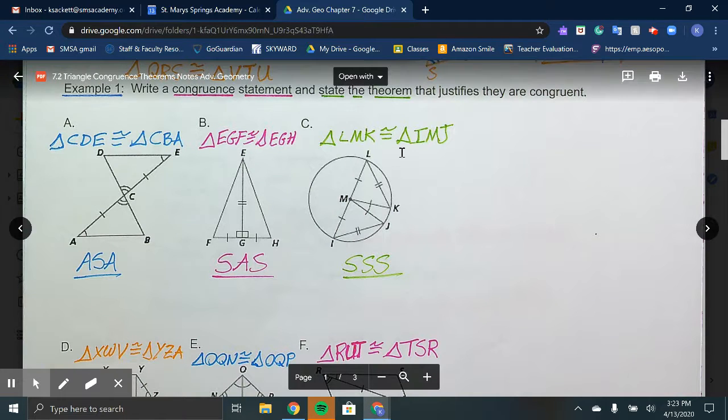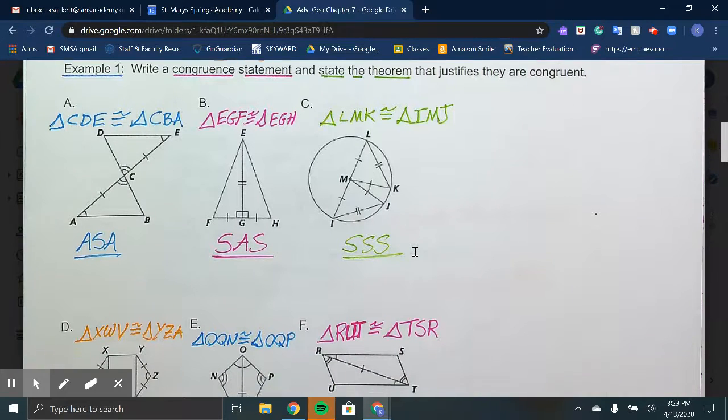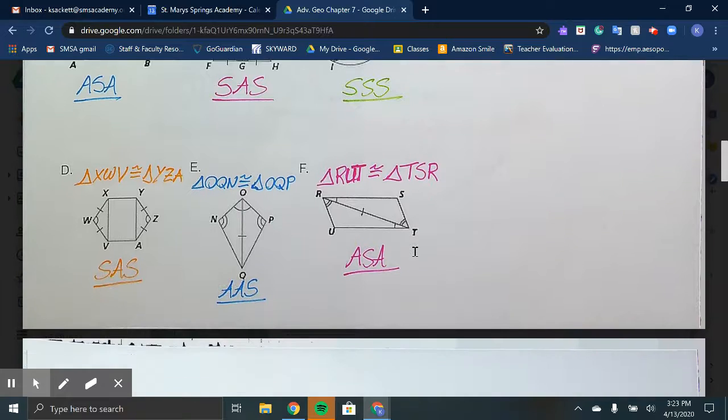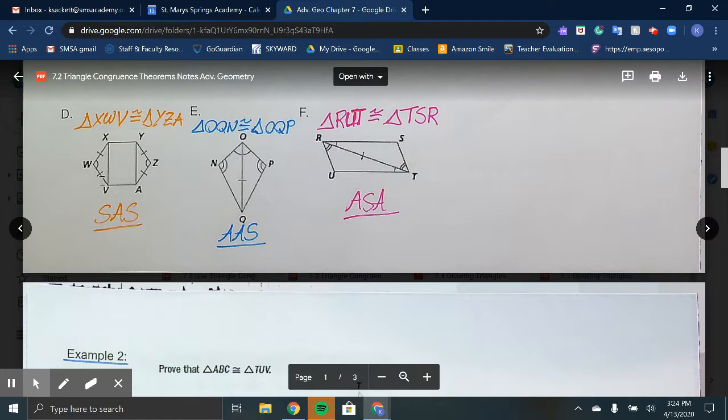If we're looking at C, we have triangle LMK congruent to triangle IMJ by side, side, side. In D, they gave me two sides and an included angle. So by side, angle, side, triangle XWV is congruent to triangle YZA.